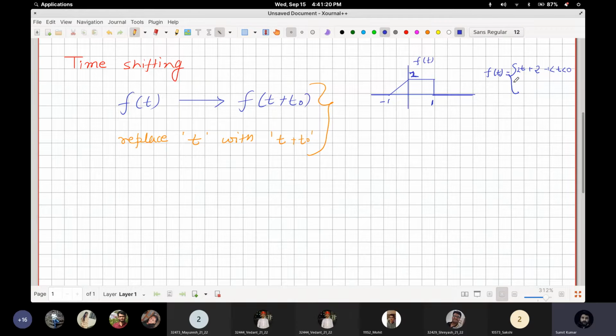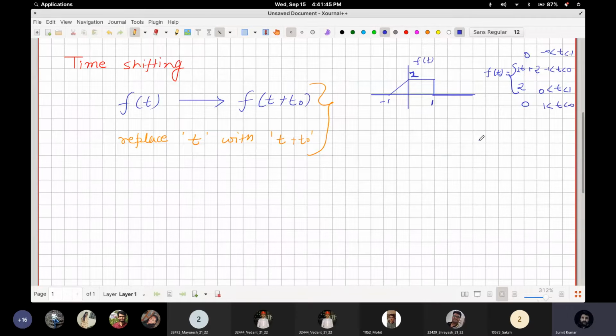Okay, so it's 2t plus 2, and after that it is equal to 2 between 0 and 1. Otherwise it is 0. Previously it is 0 between minus infinity to minus 1, and after this it is again 0 from t equal to 1 all the way up to infinity, right? So this is what our function is.